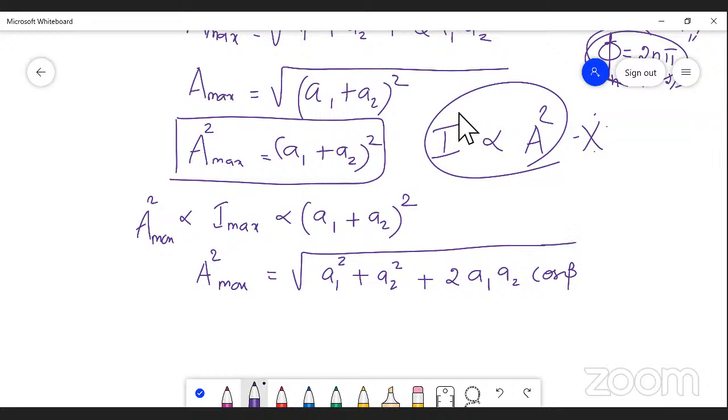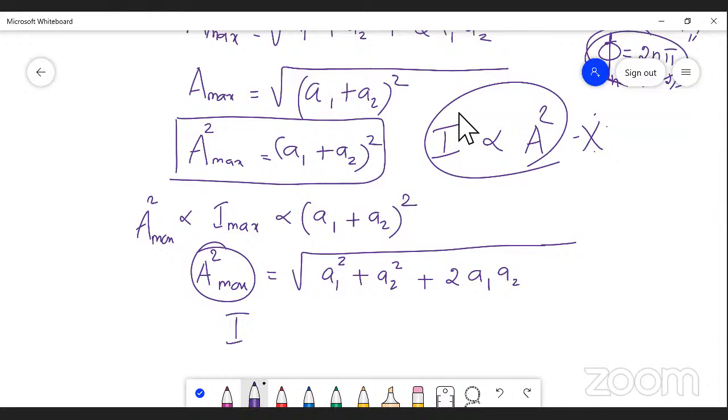If the cos phi value is 1, the value is maximum. So A square maximum is A1 square plus A2 square plus 2A1 A2 cos phi, where cos phi is 1. This happens when the phase difference is 2n pi, the general formula. So A square is directly proportional to intensity.